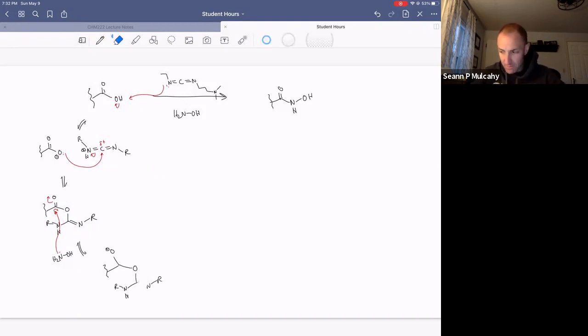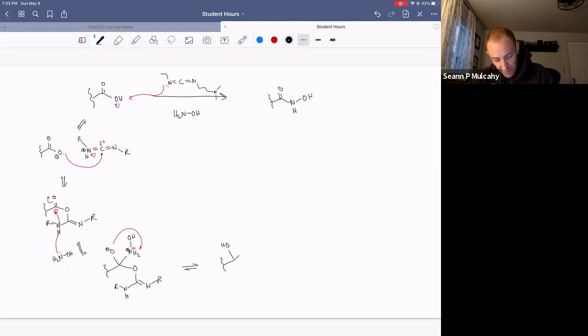Okay, and then our hydroxylamine comes in here, NH2OH plus. Let's get rid of one of those charges. So let's grab a proton there off of the amine.